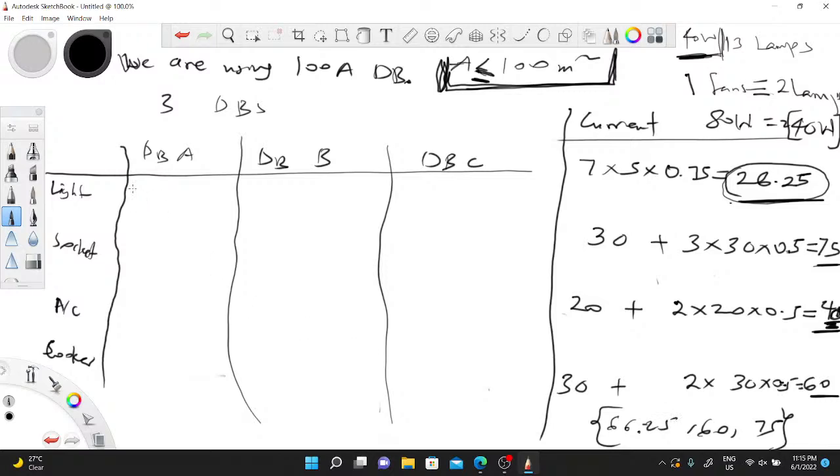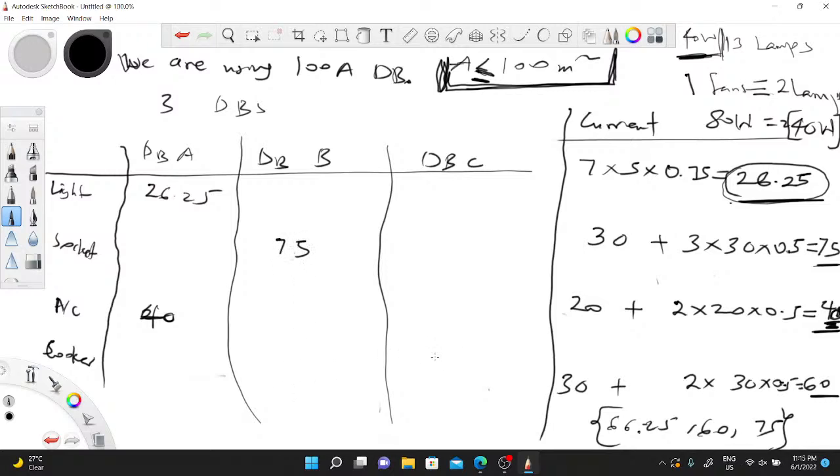So it means that to DBA I can connect the 26.25 and the AC, which is 40 here. Then to DBB I can connect all the sockets, which is 75.